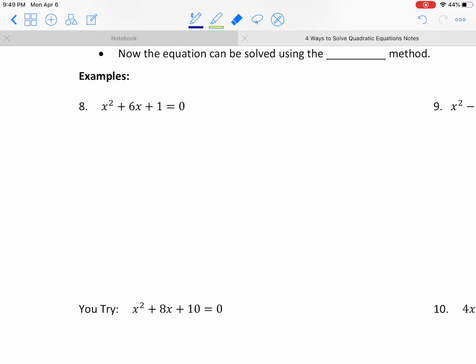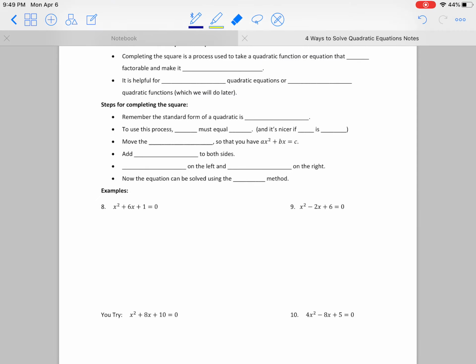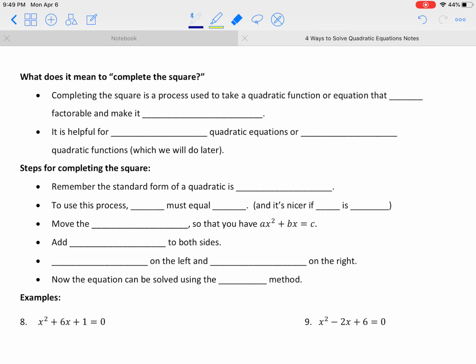If you've seen it before, heard of it before, basically what it does is it takes something like this that isn't factorable, and it makes it factorable by adding something to each side of the equation. And that's a legal move, right? As long as I keep the equation balanced, if I add to both sides, I'm not changing the equation. So, what does it mean to complete the square?